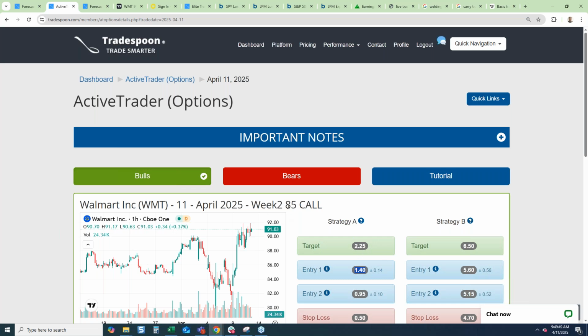Instead of buying at 86.40, you can use weekly options and buy the 85 call for $1.40. But still, you're looking for that 1% move. If VIX is at 20 or if VIX is at 60, you're looking for a $3 move, $2 move. So that's Active Trader.